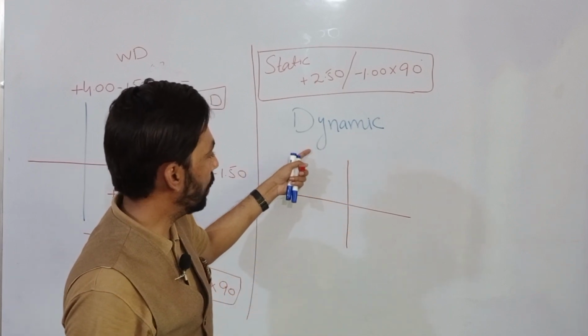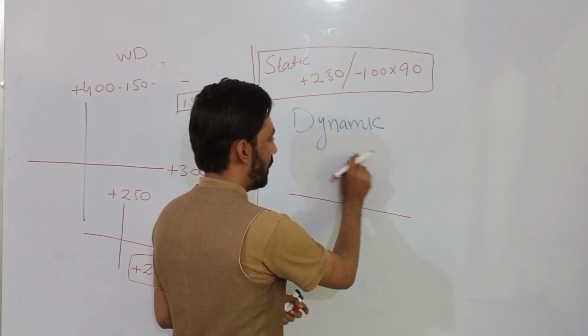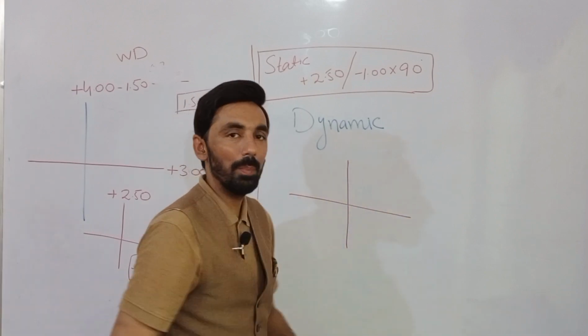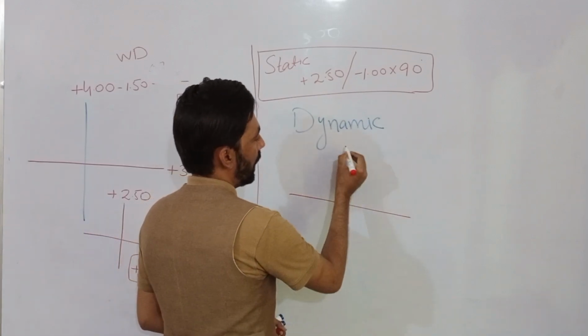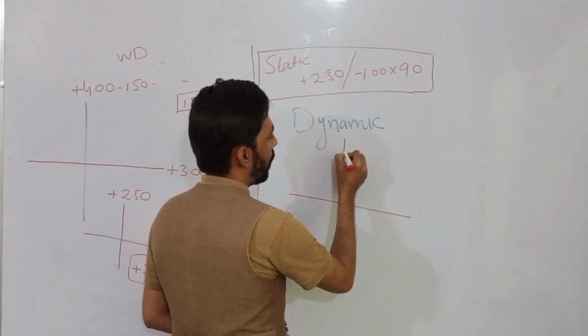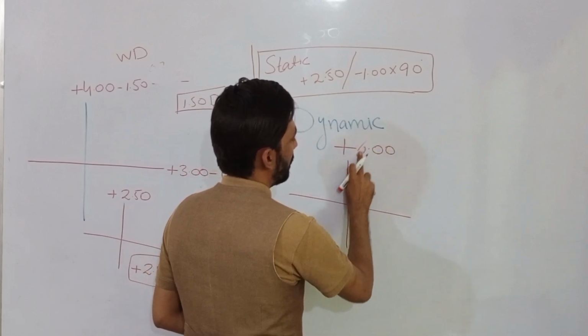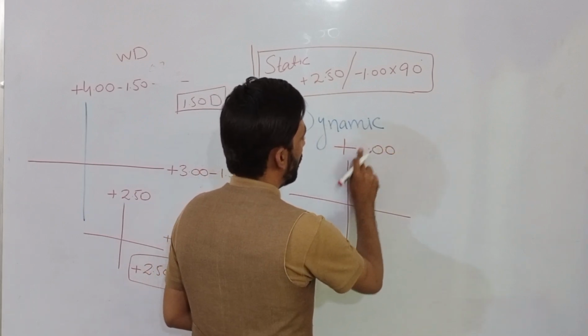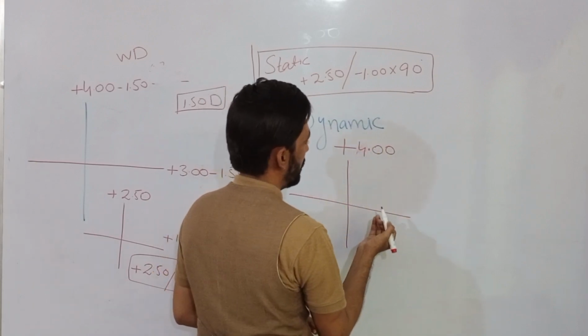So suppose at the 90 meridian, our neutral point was plus 4, you can suppose that plus 4 is all right, right?